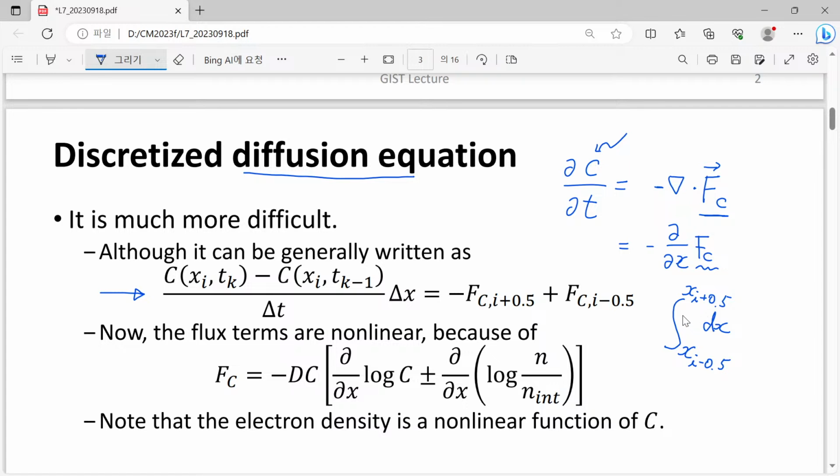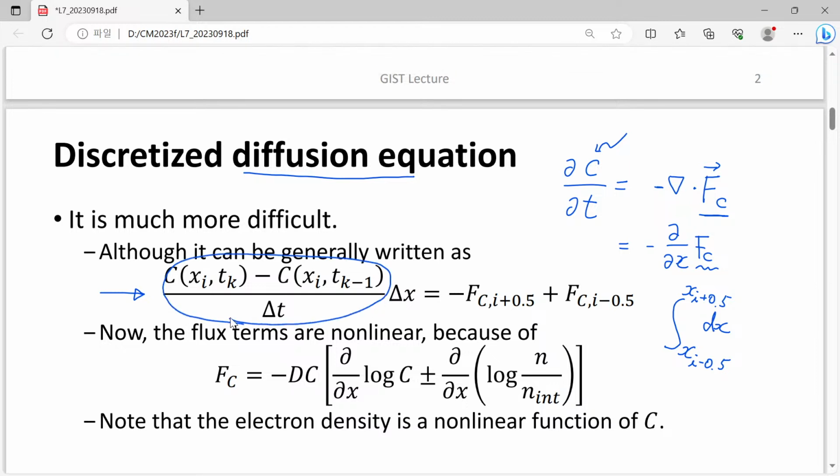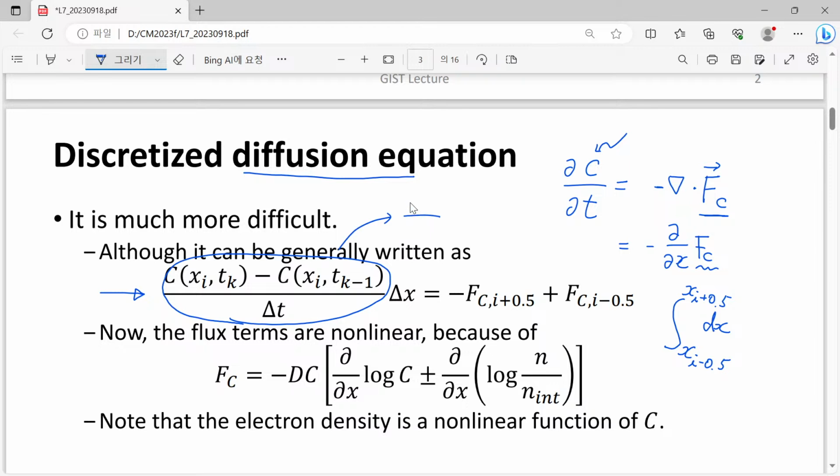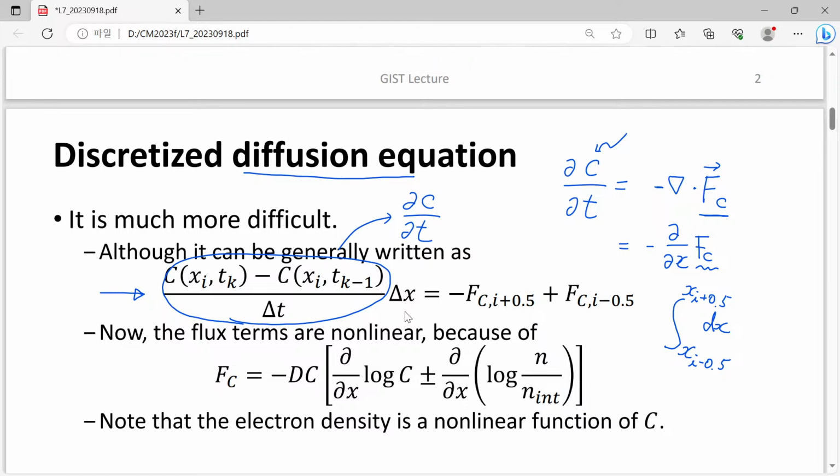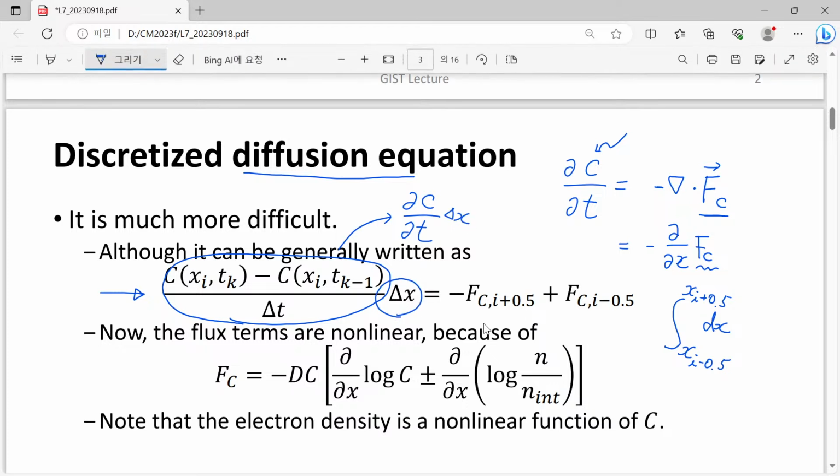Now this is corresponding to the time derivative of our dopant density, and it was integrated over a range of length delta x. That's the reason why we have delta x. And here we have some terms originating from the integration of minus the derivative of F_C over x. So now we have this.